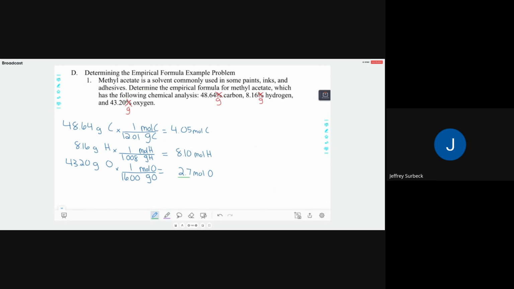So going from top to bottom, 4.05 divided by 2.7, I get 1.5 moles of carbon. 8.1 divided by 2.7, I get exactly 3 moles of hydrogen. And 2.7 divided by itself becomes 1.